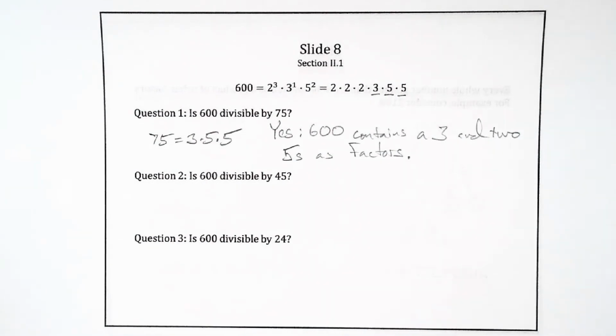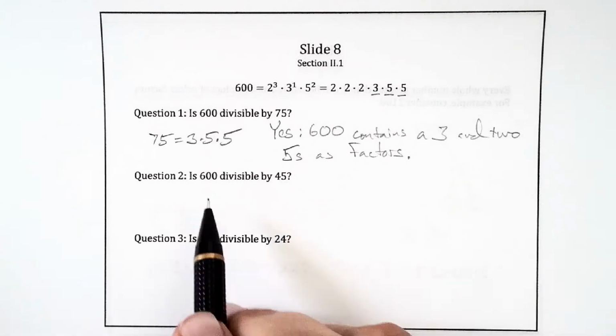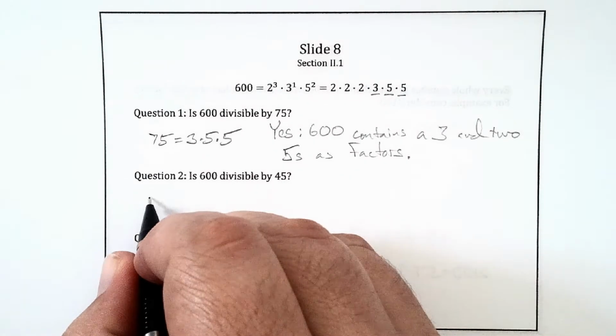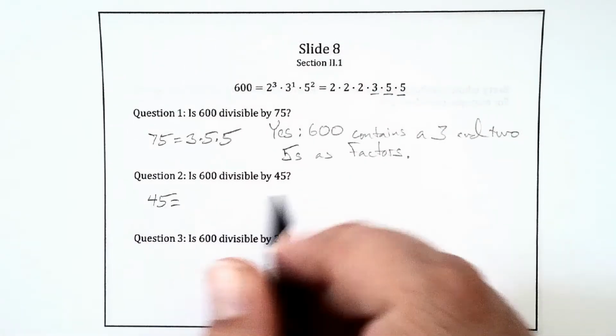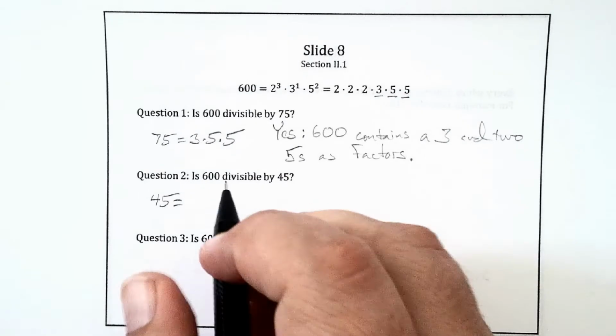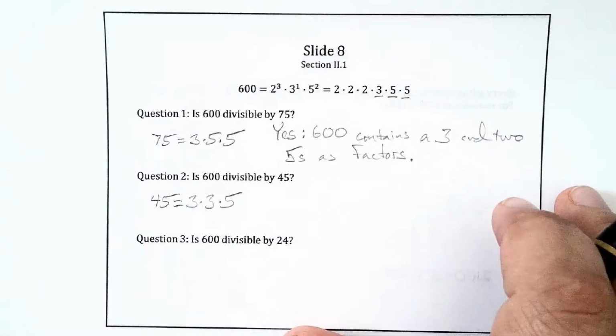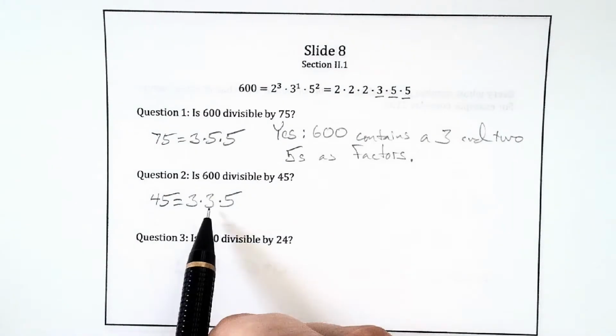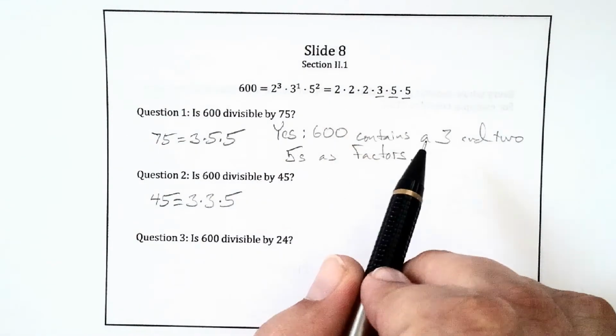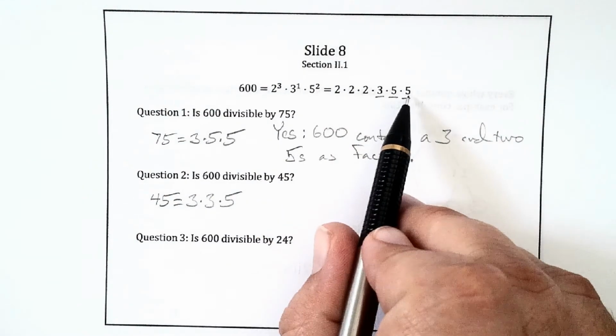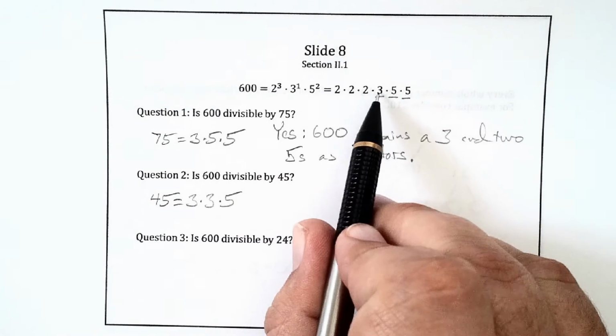Okay, or again, let's ask the same thing for 45. Is 600 divisible by 45? Well, 45, what's 9 times 5? That's 3 times 3 times 5. And so again, I want to try to find this in 600. Now the 5 is fine, here's a 5. And I can also see one of the 3s.